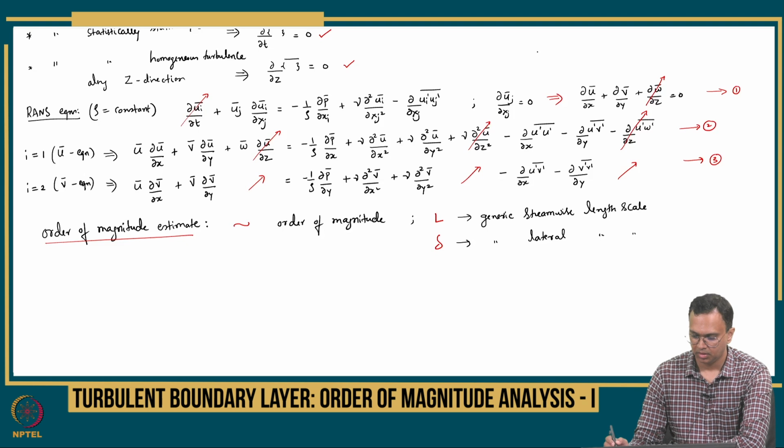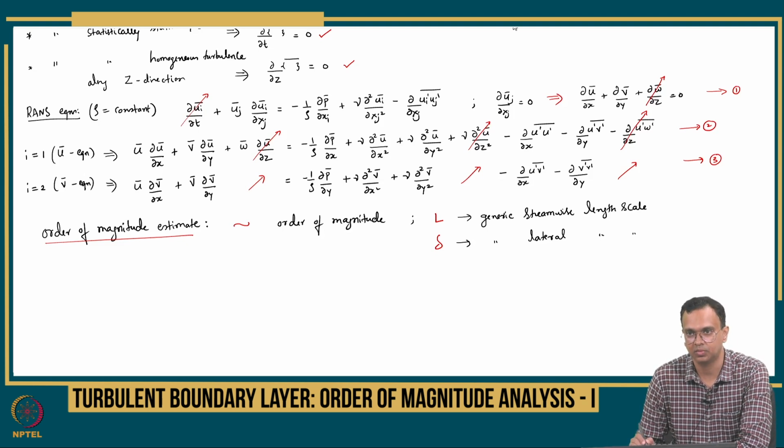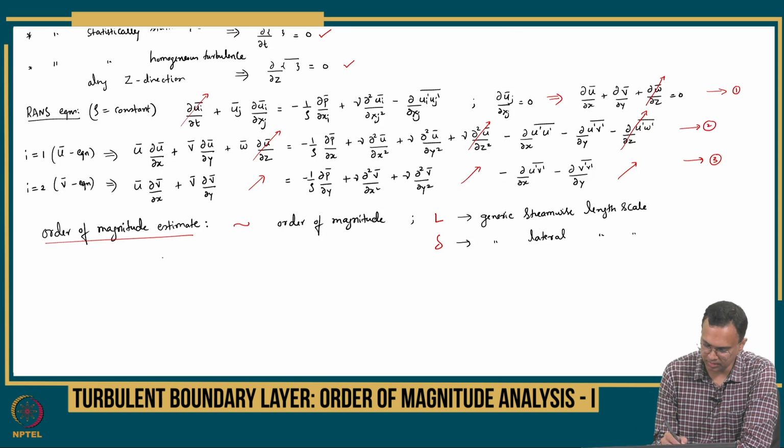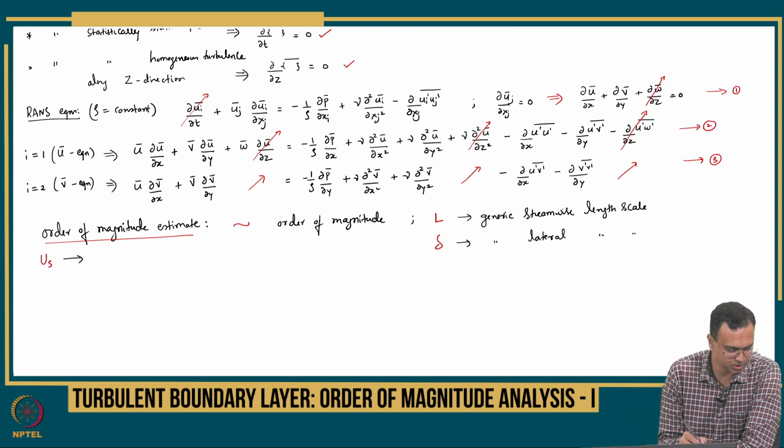And then I need a velocity scale here for the two directions, for the x direction and the y direction. So I am going to choose a generic velocity scale. I will call this, let us say, Us. This is my generic streamwise velocity scale.